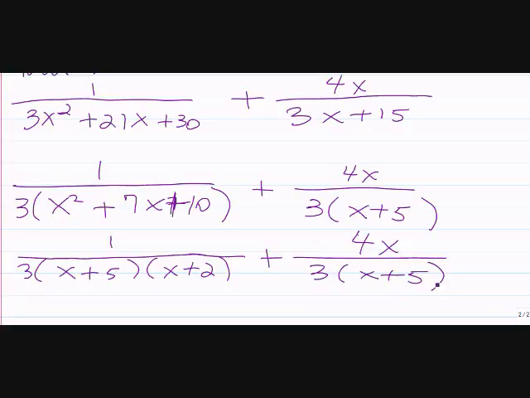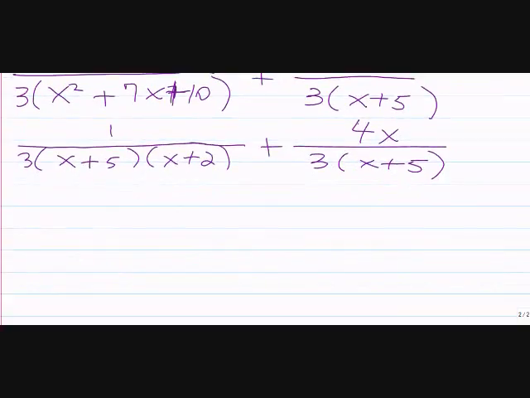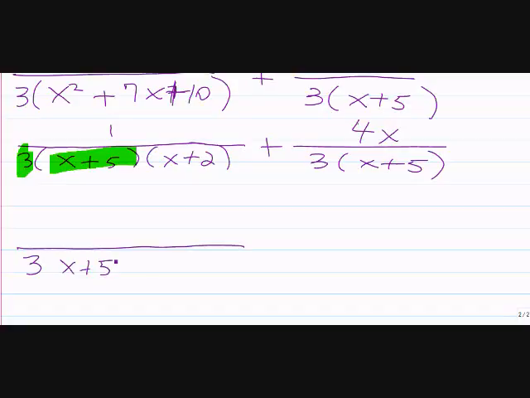Now let me get my least common multiple so that I can get a common denominator. My least common multiple needs the 3 from the fraction on the left, the x plus 5, and the x plus 2.